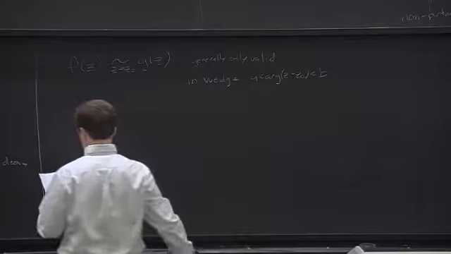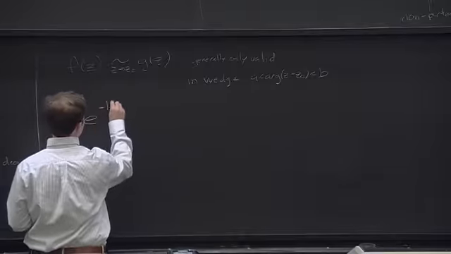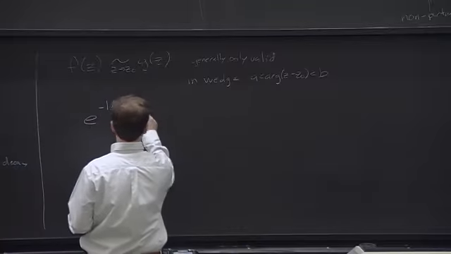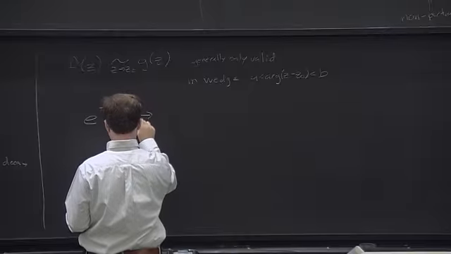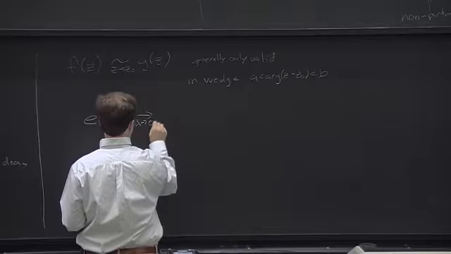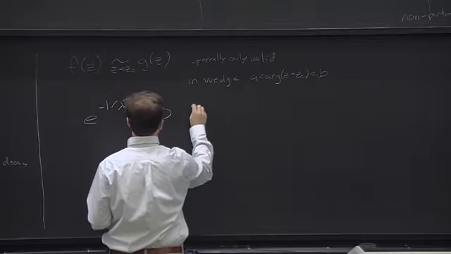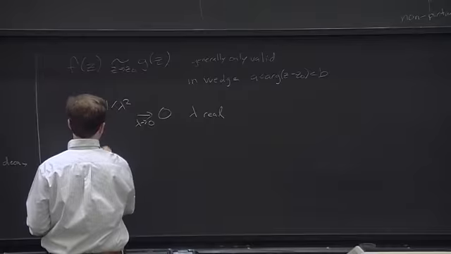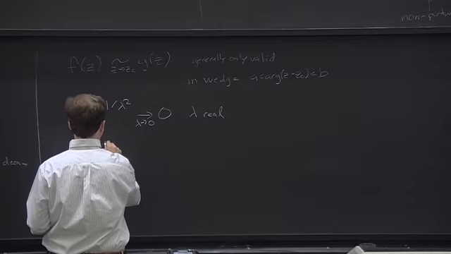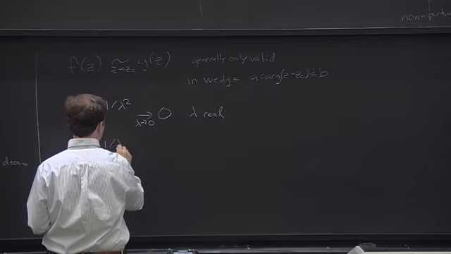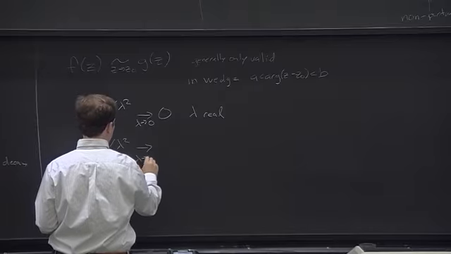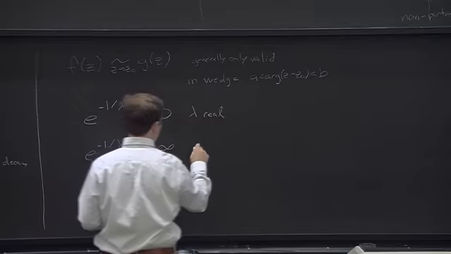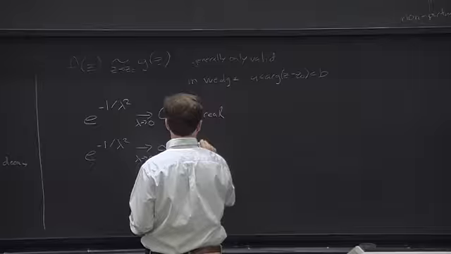And that's because, well, the non-perturbative function we looked at before, e to the minus 1 over lambda squared, goes to 0 as lambda goes to 0 for lambda real. But e to the minus 1 over lambda squared diverges as lambda goes to 0 if lambda is imaginary.